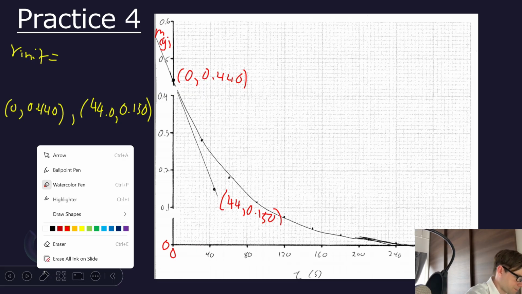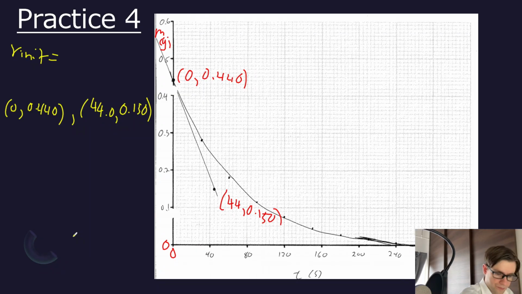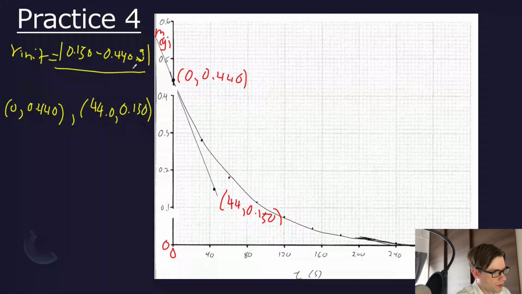Okay. Now we'll get our initial rate here as the absolute value of the change in mass, 0.15 minus 0.440. These have units of grams. And this is over some time from our tangent line.